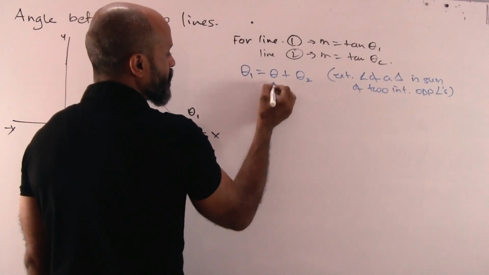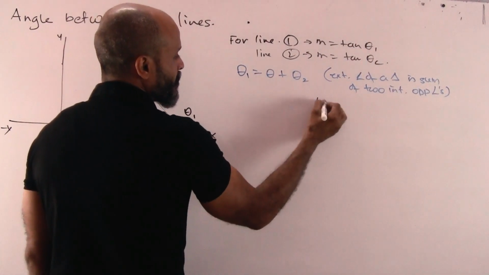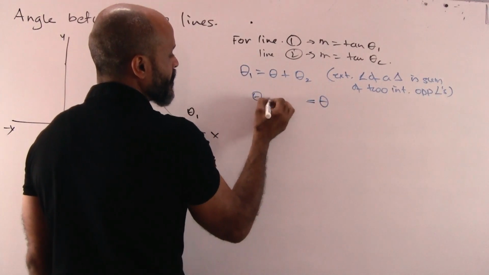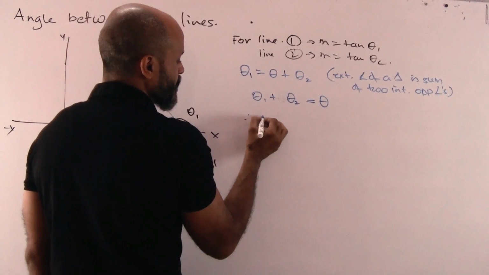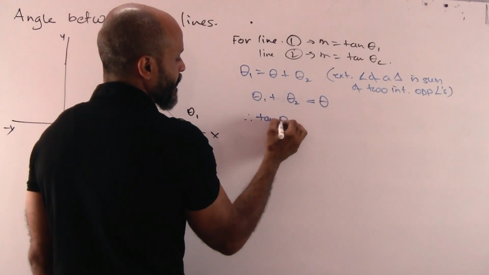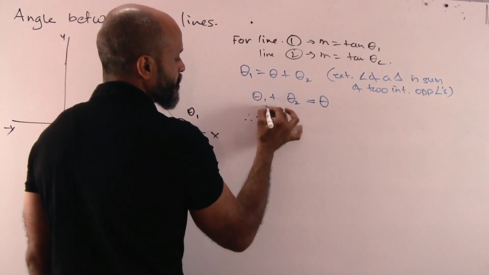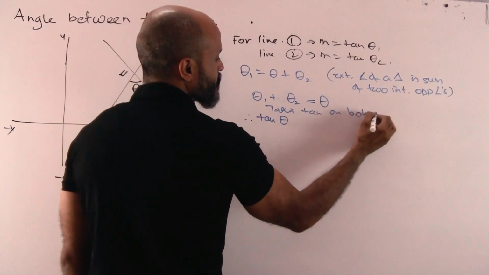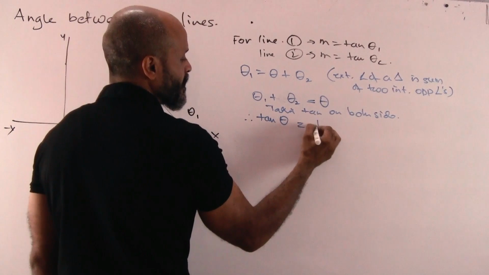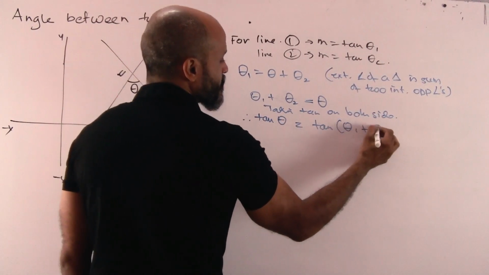Now if we want to get this theta here, it will be theta 1 minus theta 2. So obviously, taking tan on both sides, tan theta will be equal to tan of theta 1 minus theta 2.